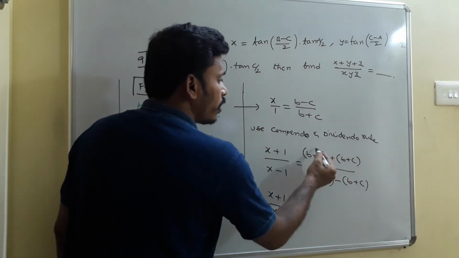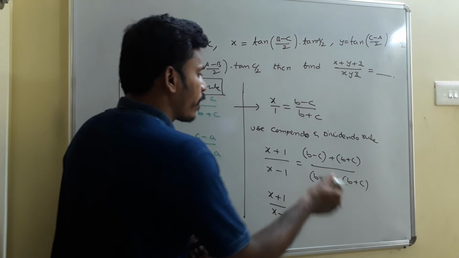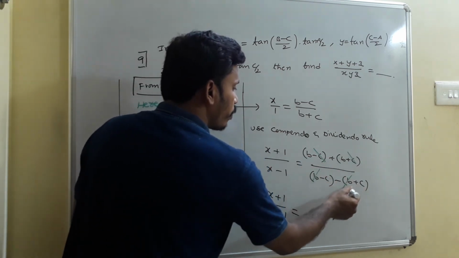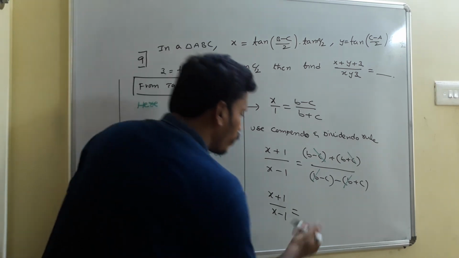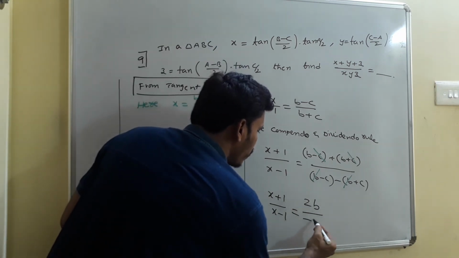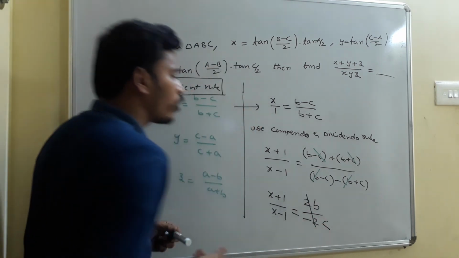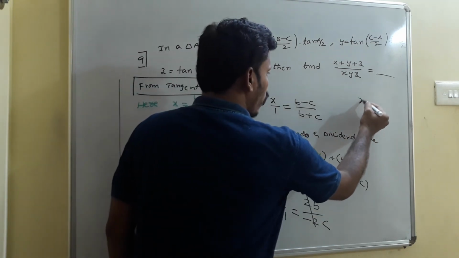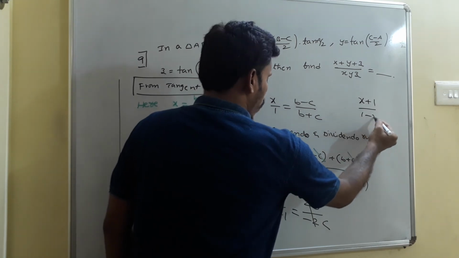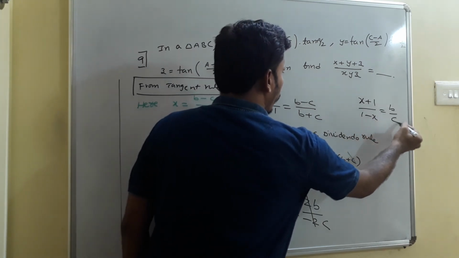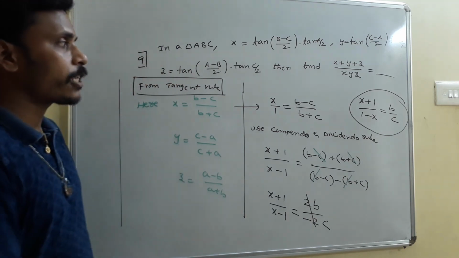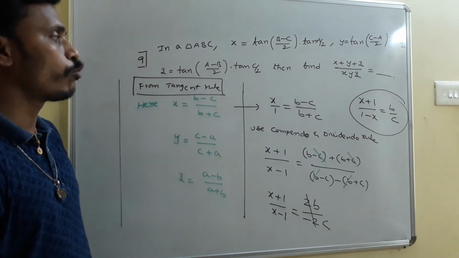Minus c and plus c get cancelled. Minus b and plus b get cancelled. You are left with b plus b as 2b, and this is minus 2c, and the 2's also get cancelled. At the end, (x plus 1) by (1 minus x) is equal to b by c, if you send the minus to this side.